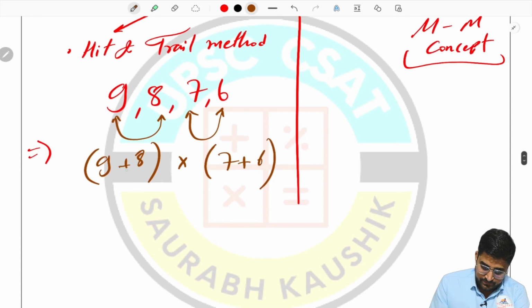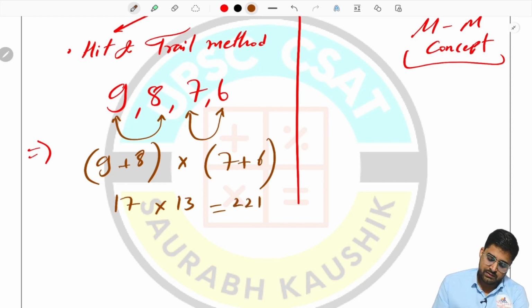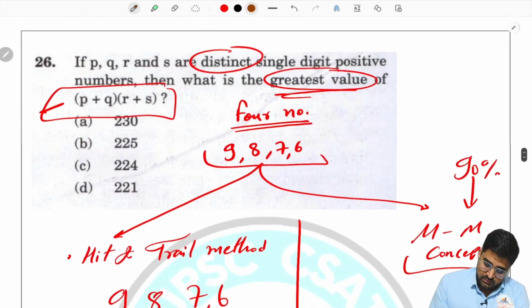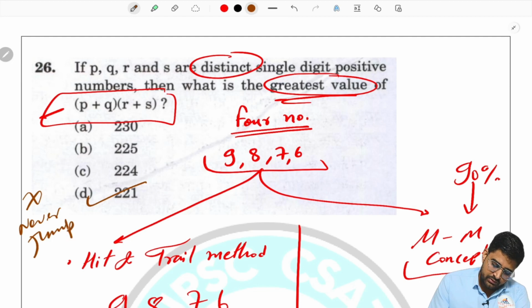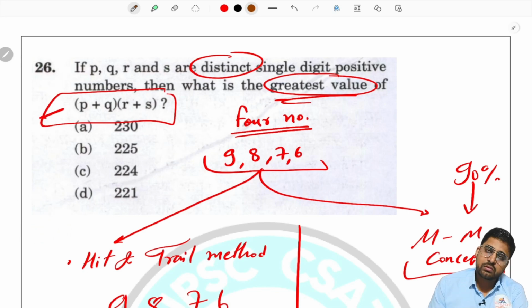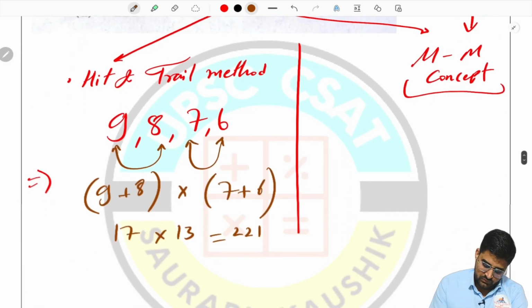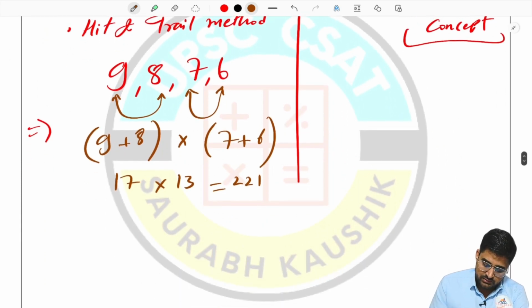This becomes 17 and this becomes 13, and it becomes 221. So this is the answer? No, never jump to the conclusion in the value putting method. Try others also. This is the first combination.